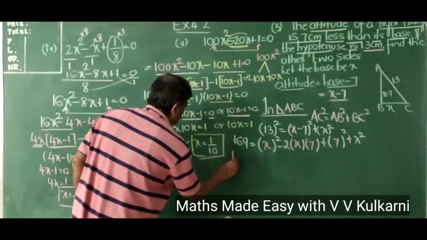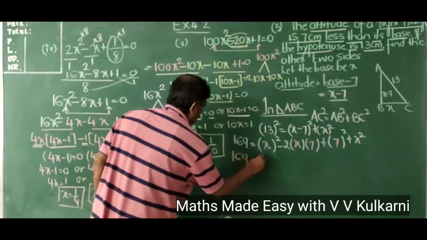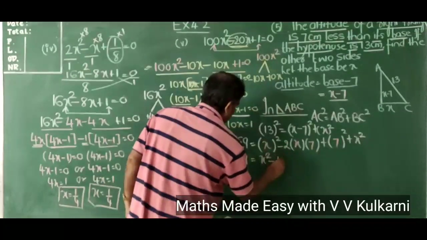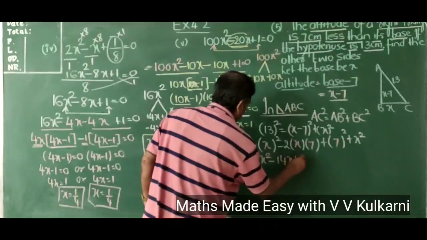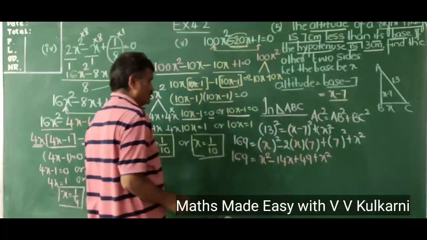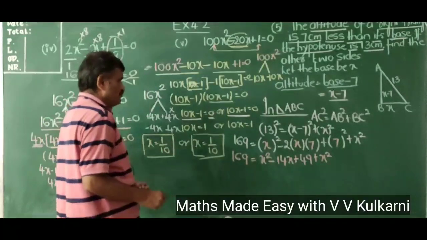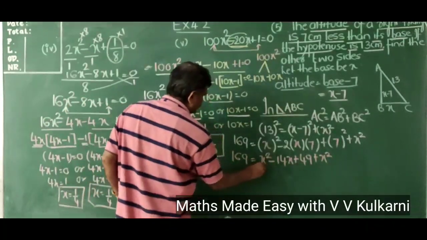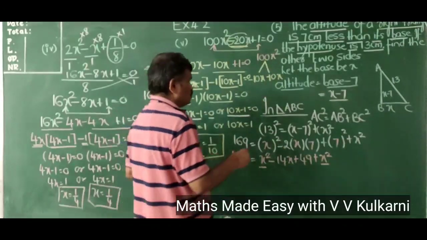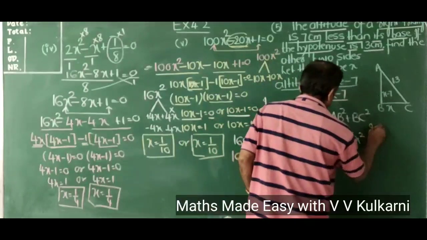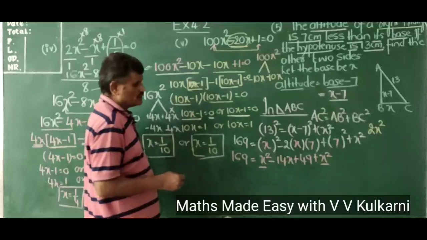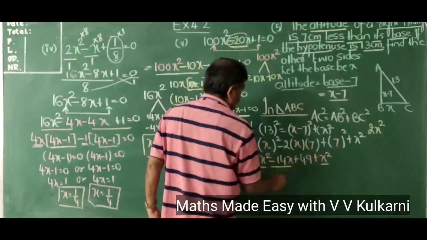So I get 169 is equal to x squared minus 14x plus 49 plus x square. If you simplify, x square plus x square gives 2x square minus 14x.